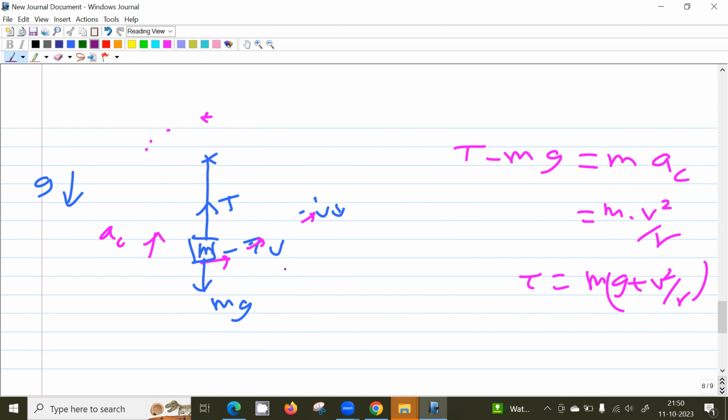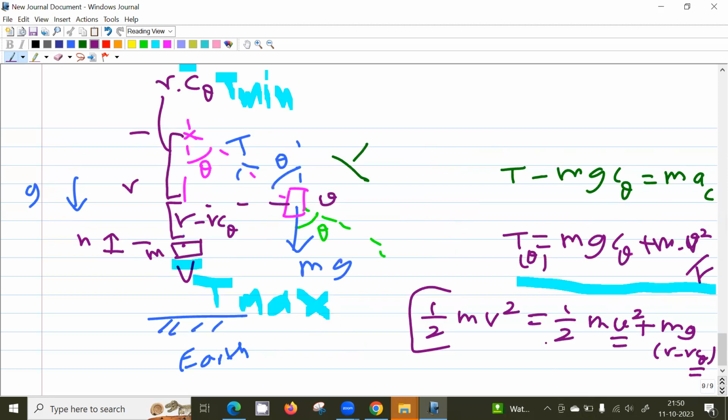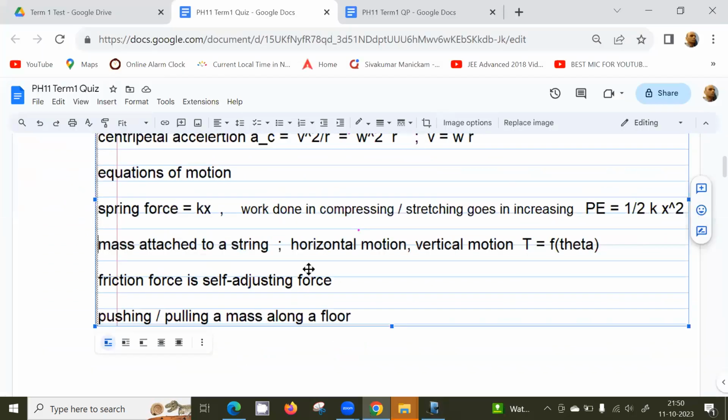So v is a function of position theta, and tension is also a function of position theta. So for vertical motion, tension is a function of the position of the mass, that is, a function of theta.